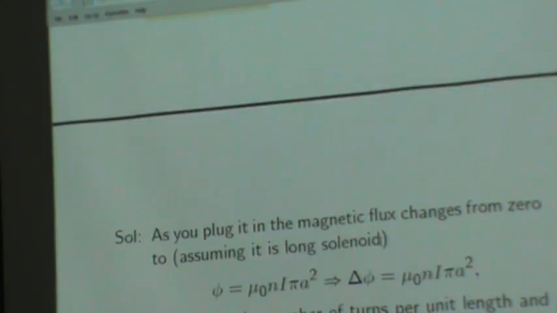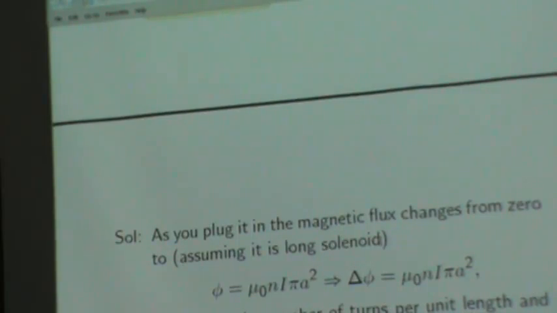And if I assume this is the z axis, then what's going to be the direction of the magnetic field, assuming that that's the flow of the current?